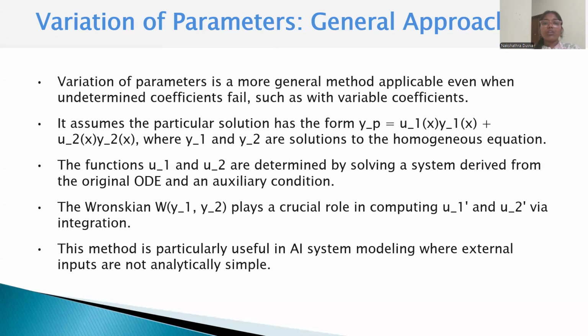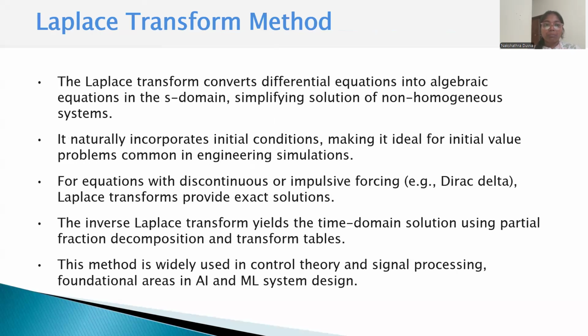Functions u1 and u2 are determined by solving a system derived from the original ODE and an auxiliary condition. The Wronskian of y1, y2 plays a crucial role in computing u1 and u2 via integration. This method is particularly useful in AI system modeling where external inputs are not analytically simple.